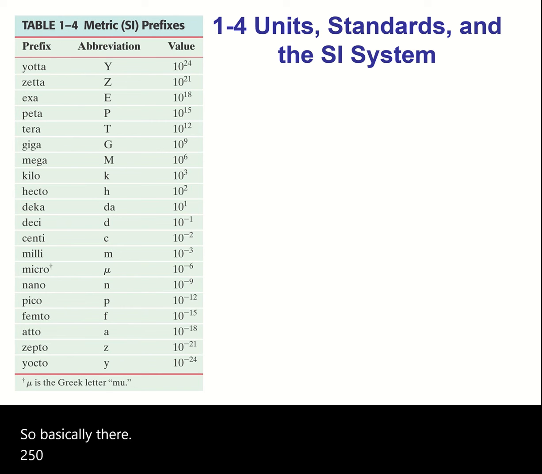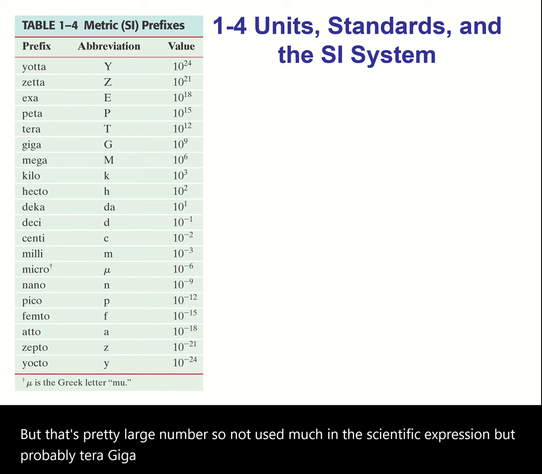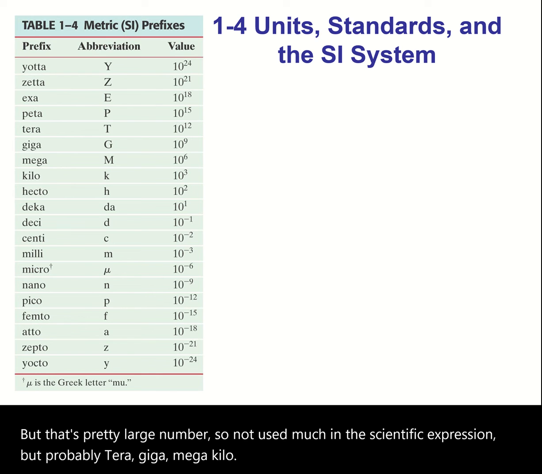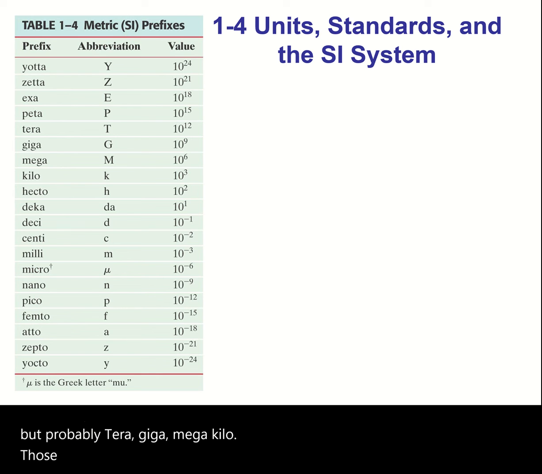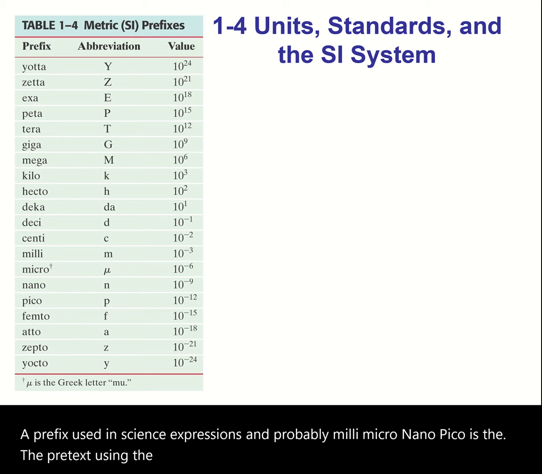So yotta is 10 to the 24, but that's a pretty large number, so not used much in scientific expression. Probably tera, giga, mega, kilo are the most well-known prefixes used in science, and milli, micro, nano, pico are the prefixes used to express small quantities.